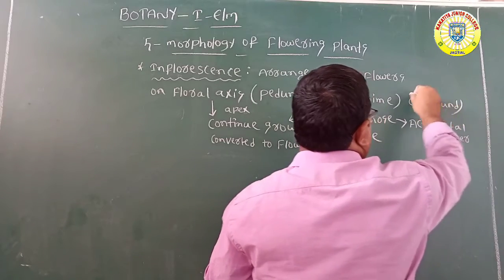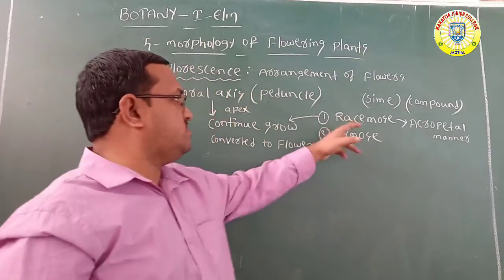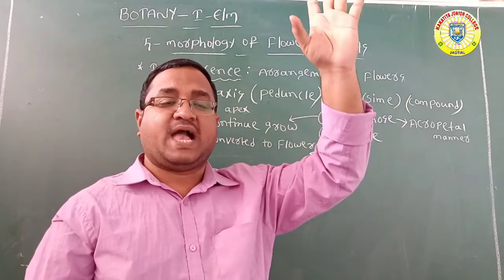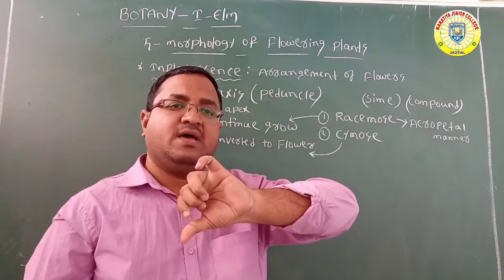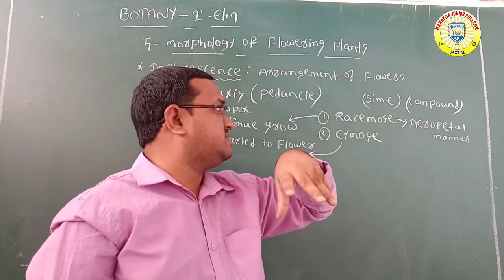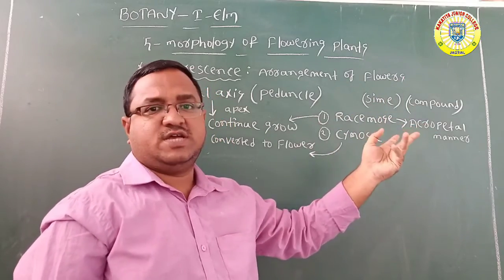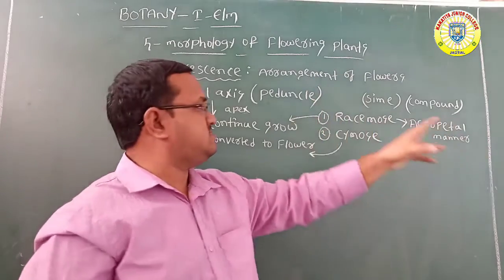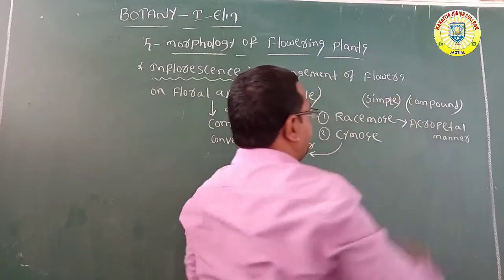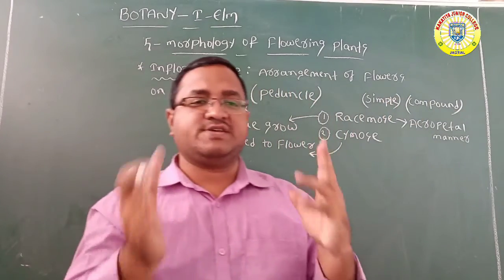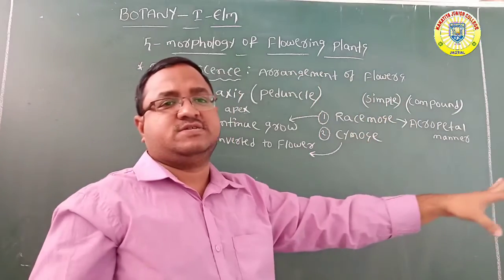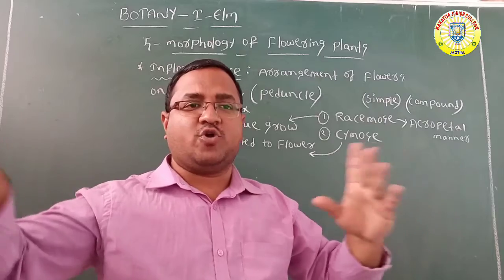The floral axis that continues to grow and produces flowers in acropetal manner is called racemose inflorescence. The branches are also developed in acropetal manner.